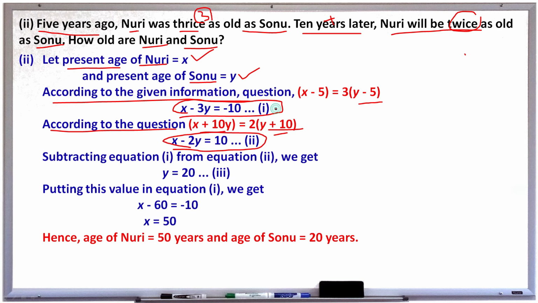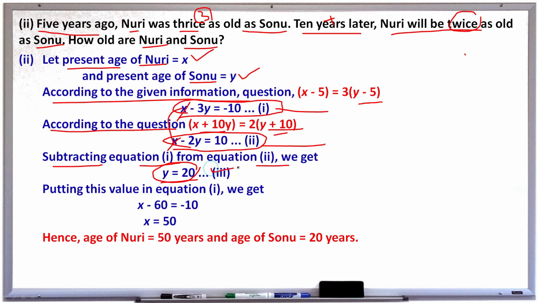We are going to subtract equation number 1 from equation number 2. So 2 minus 1. When you subtract these two, x and x cancel. So you will be getting minus 2y, here plus 3y. So y is equal to, here it will become plus 10, so 10 plus 10, 20.